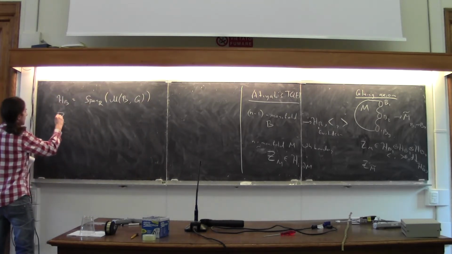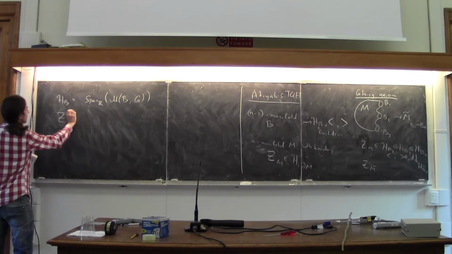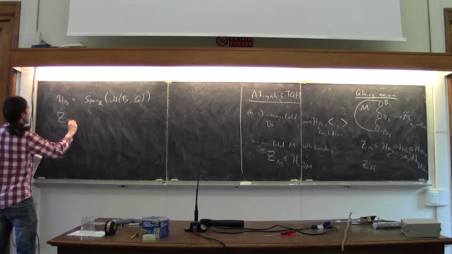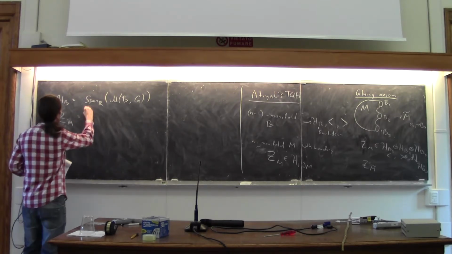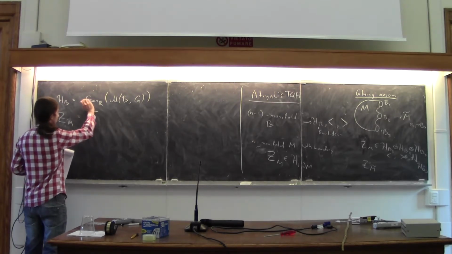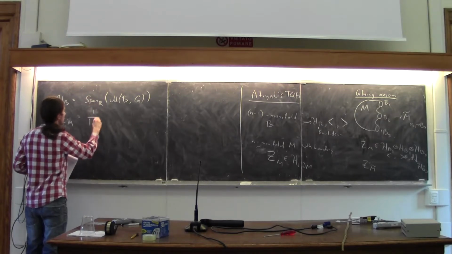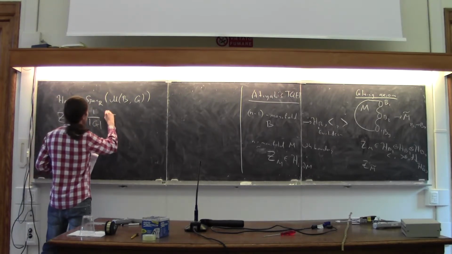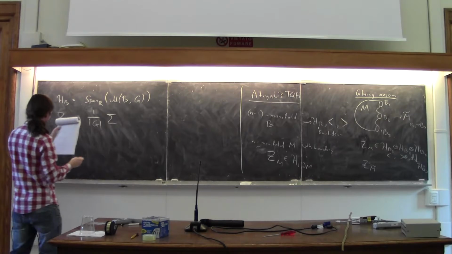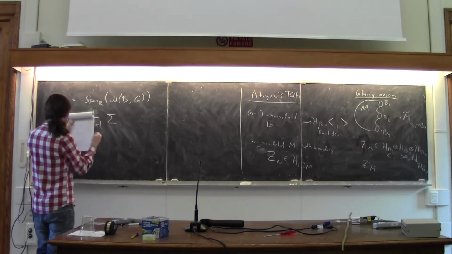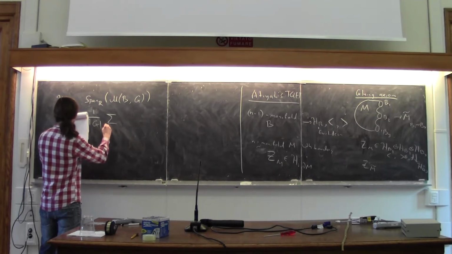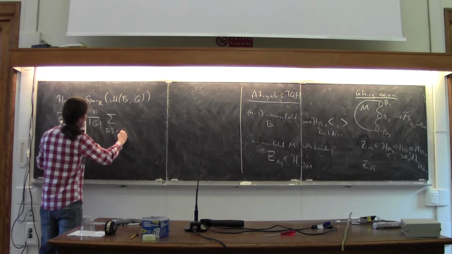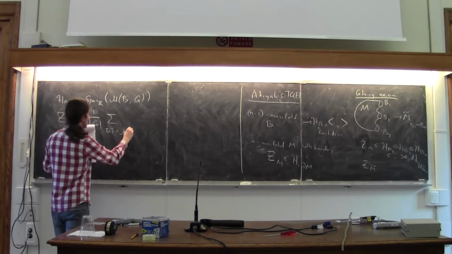And the partition function for a manifold with boundary should be some vector, given as follows: 1 over the number of elements in G, sum over classes, points of the moduli space for the boundary.